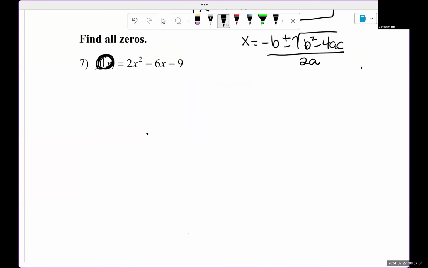X, plug it in. -6 squared with parentheses. Okay, plug it in, check your answer with mine.